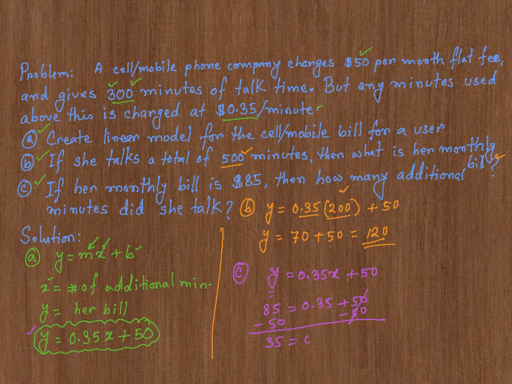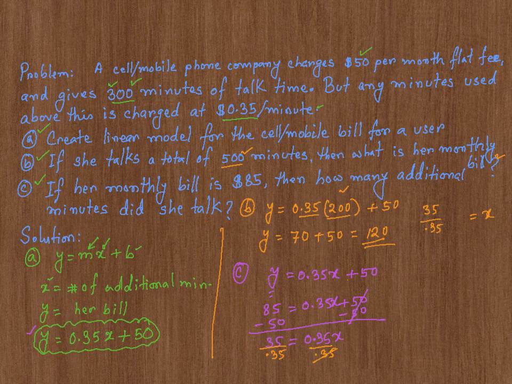That's going to give me 0.35x. Oops, I forgot the x here. Now to solve for x, I divide both sides by 0.35. So it's going to be 35 over 0.35 is equal to x.